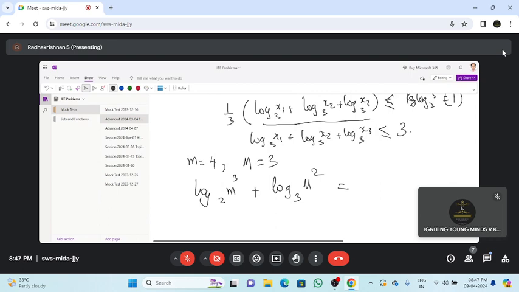I got 8, sir. You got 8. What about others? Vishal, Snehan? Yes, sir. 6 plus 2, 8, sir. Snehan got 8 also. Okay. Very good. I'll anyway write it down.